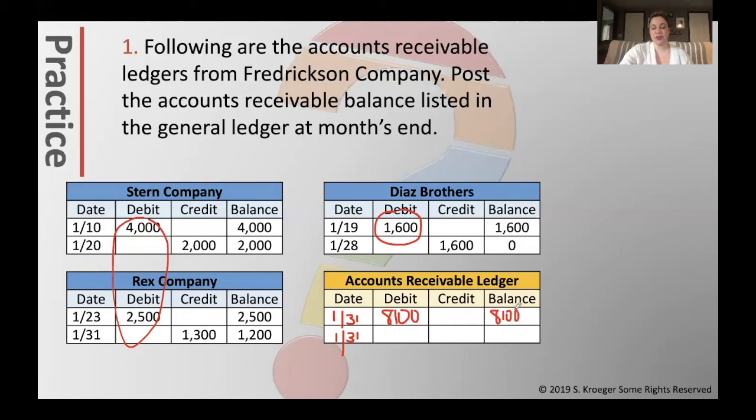Once again, that's assuming that there's nothing prior to this. What's step 2? Add up all the credits. You have 2,000 plus 1,300 plus 1,600. You should have gotten 4,900.